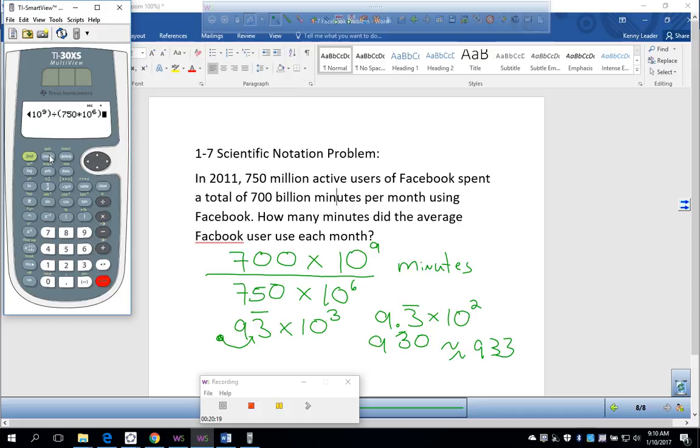Anyone know how to do that? Mode. So let's see what happens if I go here. Scientific notation, SCI. If I hit SCI, and I hit enter, and then I go back, that didn't do it. How do I change it?